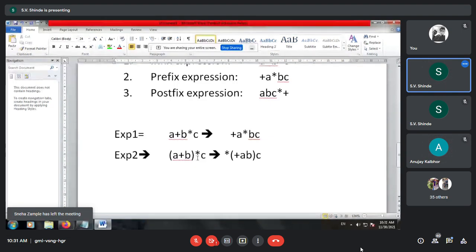Now after this, let us see the evaluation of postfix. A plus B will become AB plus, and C will be taken.